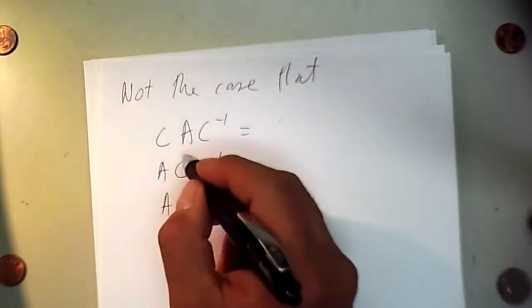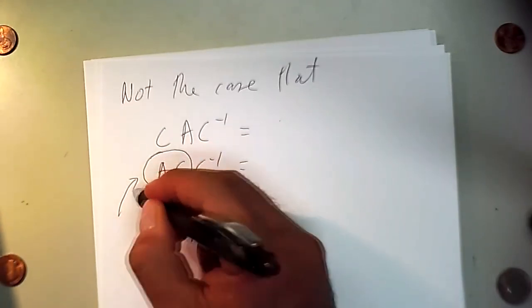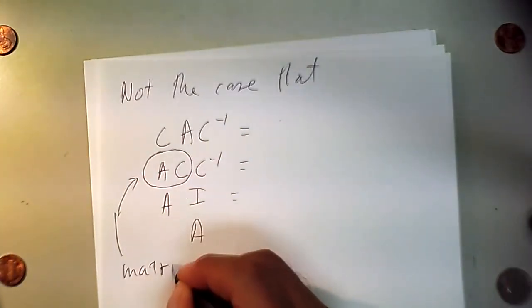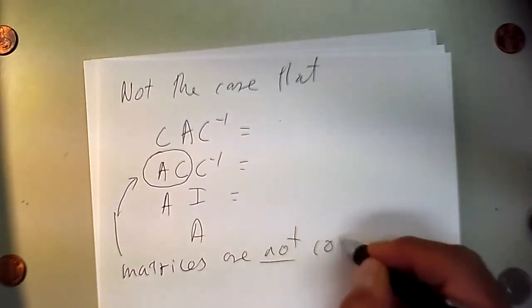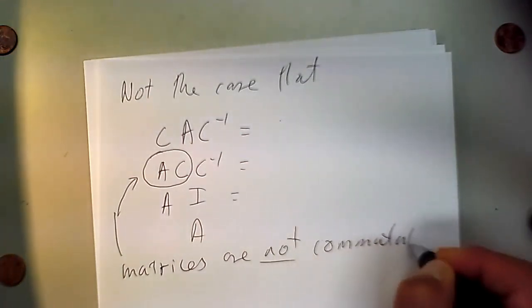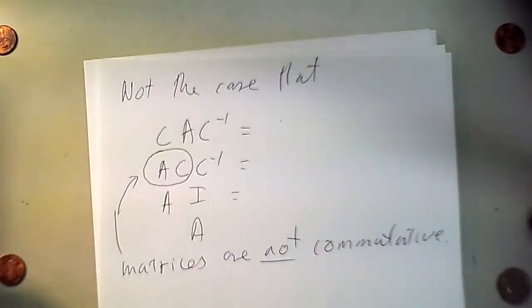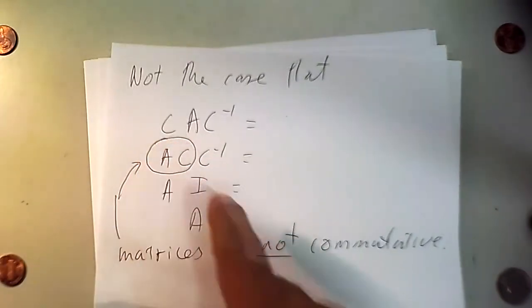And the reason why is because this step is incorrect. Matrices are not commutative. In some rare cases they are, but in general they're not. So we cannot just switch those two around.